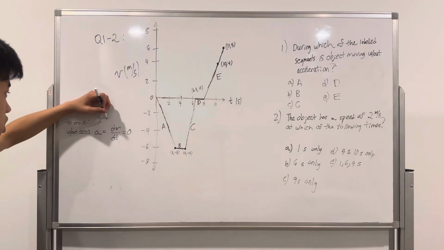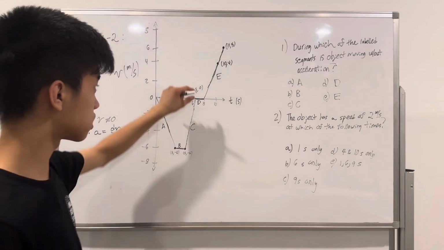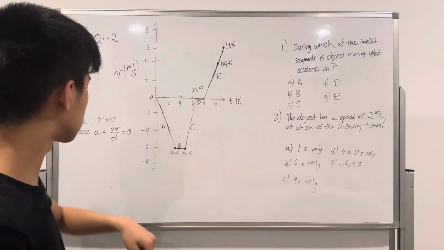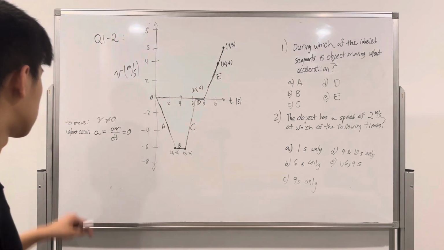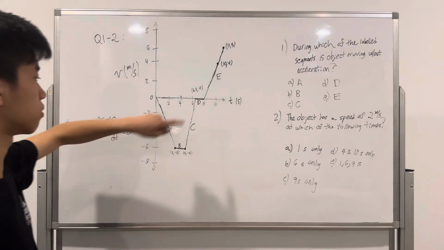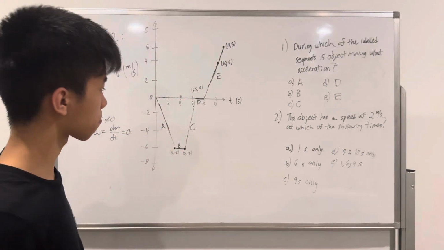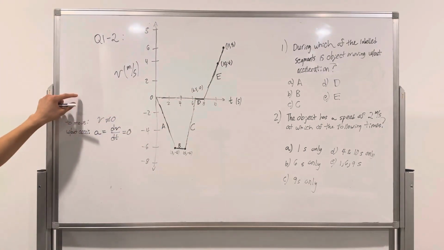So velocity can't equal 0. Quite obviously, segment D is eliminated right away because of that condition. Here, in segment D, you're just frozen. So that's not going to work out.